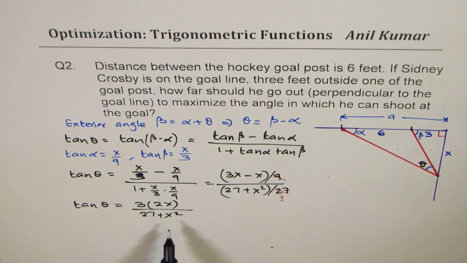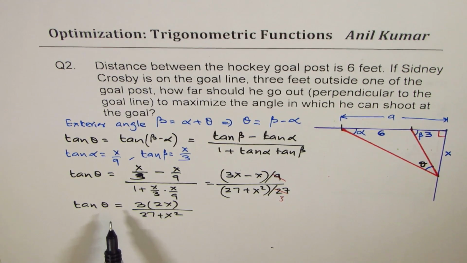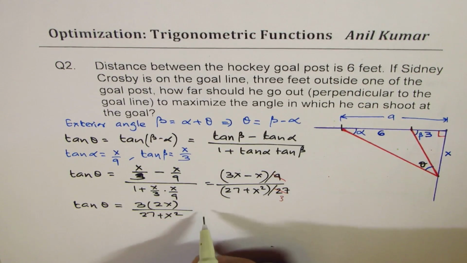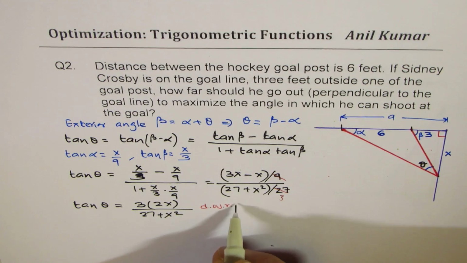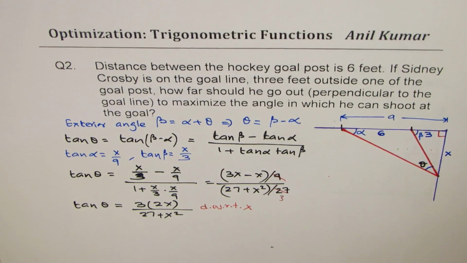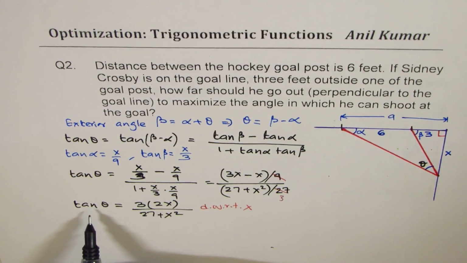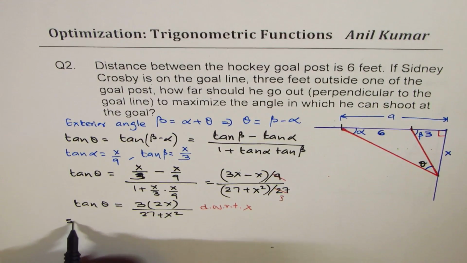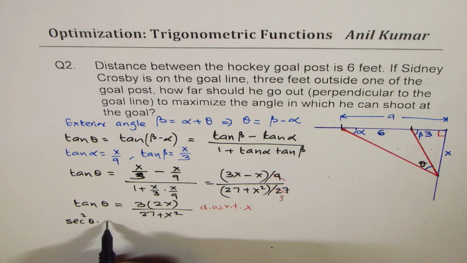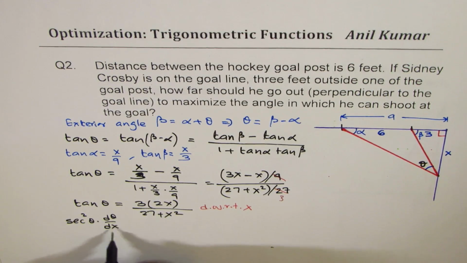So what we've done here is we have written this expression in terms of x. We'll now differentiate both sides with respect to x. So what do we get? Derivative of tan theta is secant square theta times d theta dx.